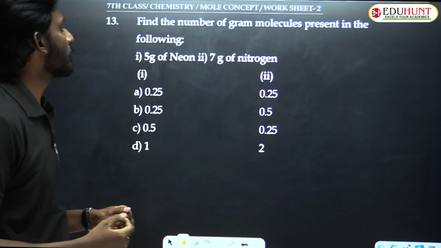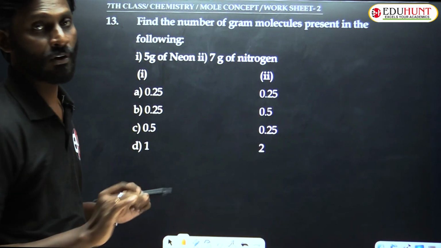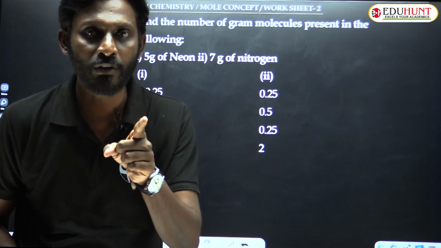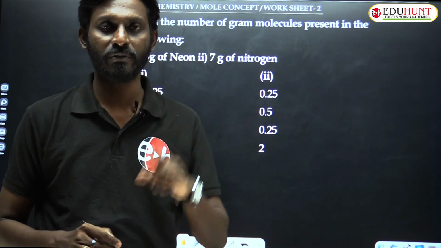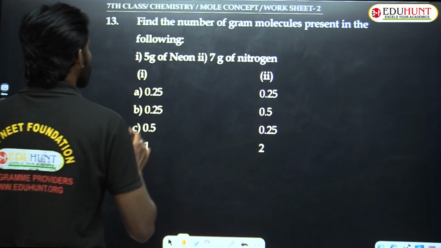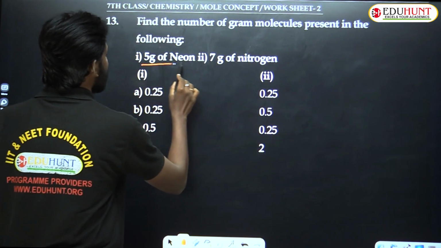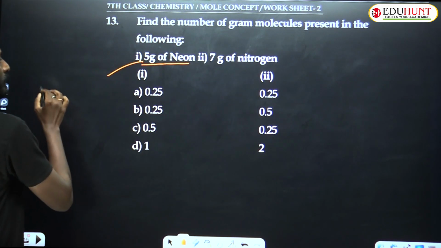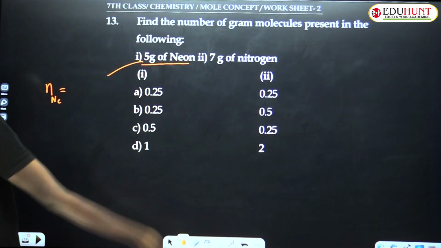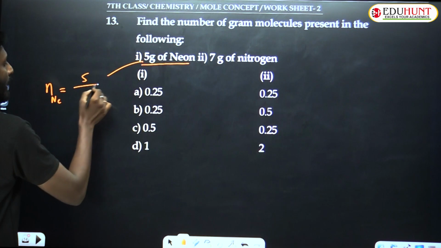Next, find the number of gram molecules present in the following. I told you already, 1 gram molecule means 1 mole molecules, 1 gram atom means 1 mole atoms. So, 5 grams neon. Number of moles of neon is equal to weight by atomic weight, weight upon atomic weight 10.